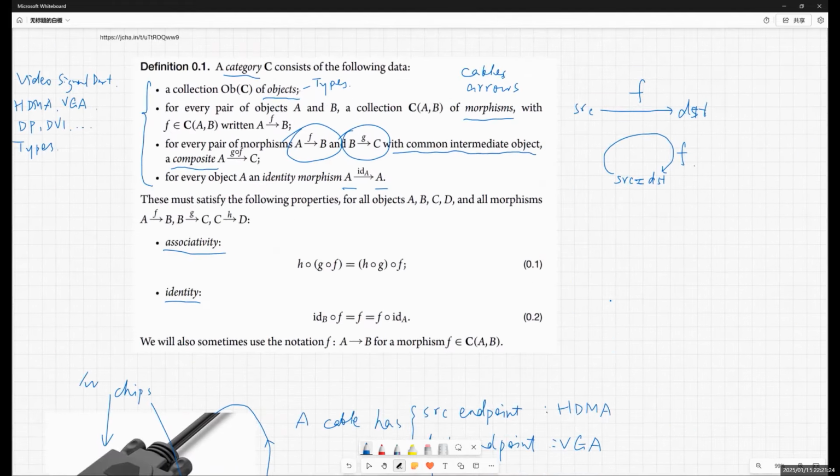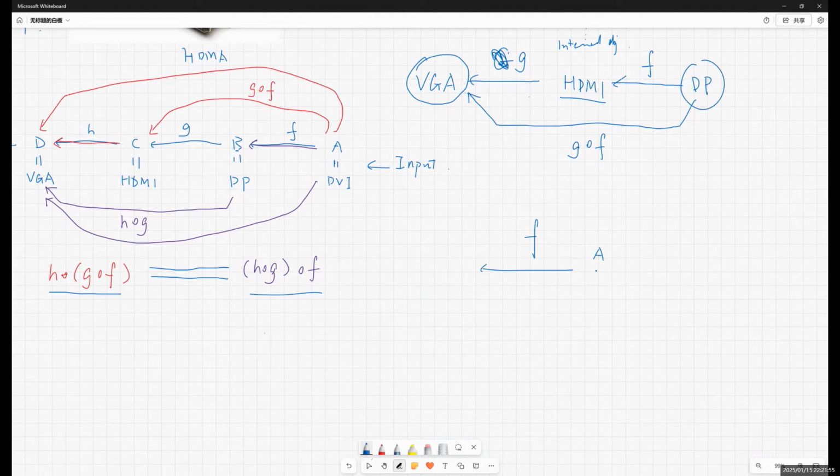And finally, there's an identity. This is not hard if we understand composition. Like if we have f from A, DVI, to B, DP.